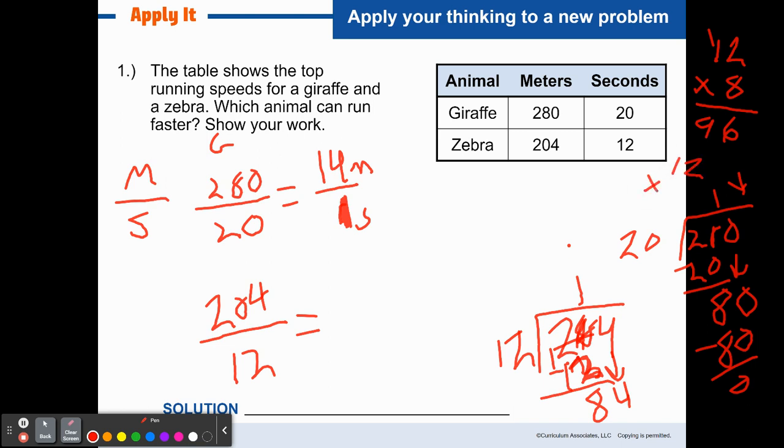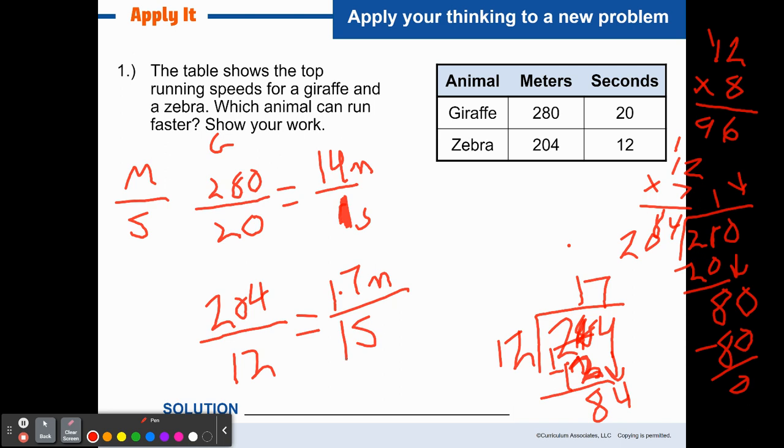And remember, you only have to do this if you don't know your 12s. If you know your 12s, you already know what you're doing, right? 7 times 4 is 28... 4, regroup your 2. 7 times 1 is 7 plus 1 more is 84. So we have 17. 17 meters per second. There should not be a decimal point there.